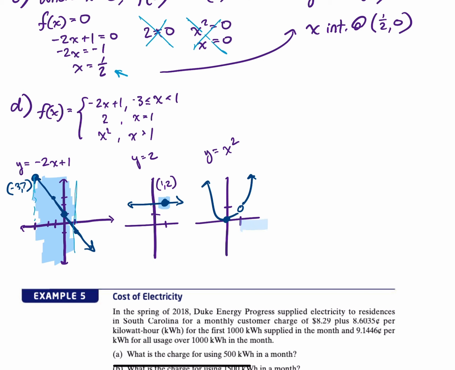So strictly greater than 1. So that would be the part that we want to steal. So let's combine these all together into a single graph. So now this is when y equals f of x, our full function.